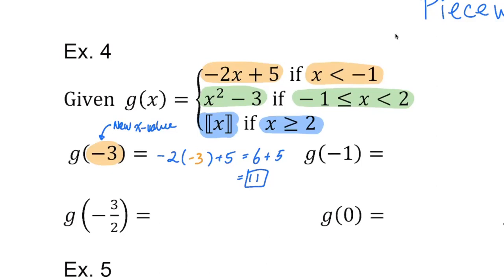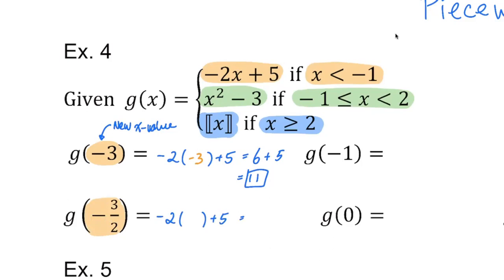What about g of -3/2? If you are good with mental math, 3/2 is equal to 1.5, right? So negative 1.5 is less than negative 1. Therefore, we're going to use the top equation again.